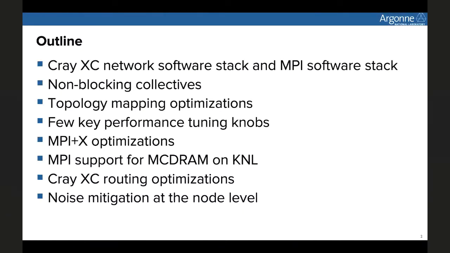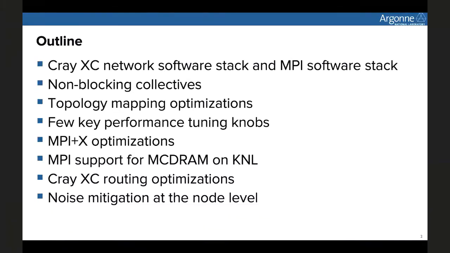Then a few key performance tuning knobs that one should be aware of for optimizing performance of MPI on Theta will be touched on. Then MPI plus X, MPI plus OpenMP or hybrid programming for applications, and what kind of optimizations one needs to do.